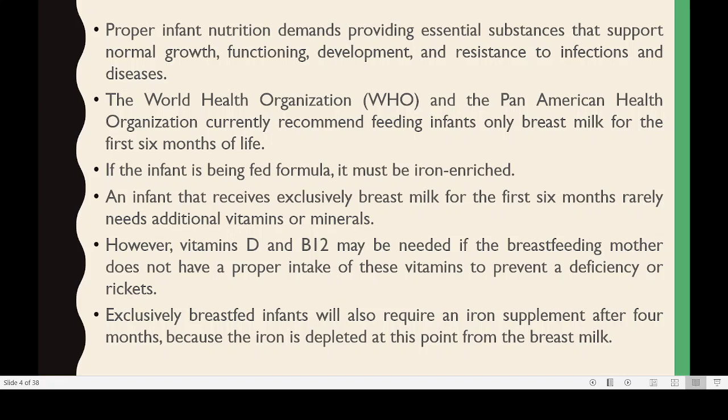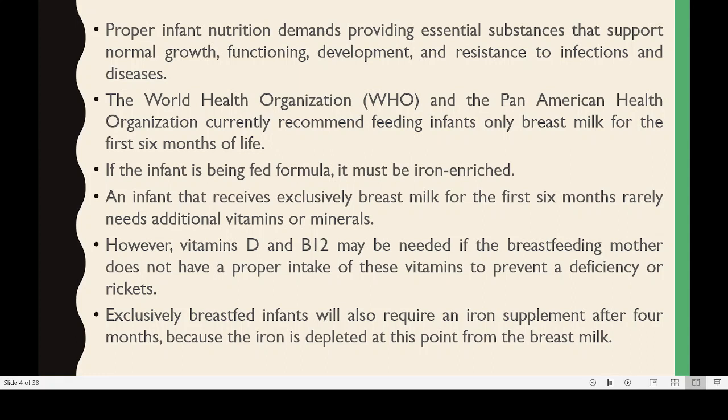However, vitamin D and B12 may be needed if the breastfeeding mother does not have proper intake of these vitamins, to prevent the deficiency disease rickets. Vitamin D as well as B12 are very important in the formation or utilization of calcium.